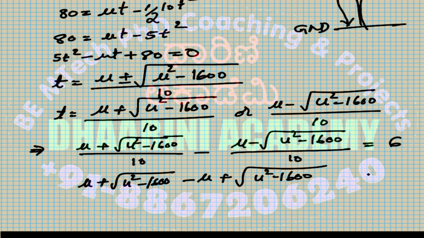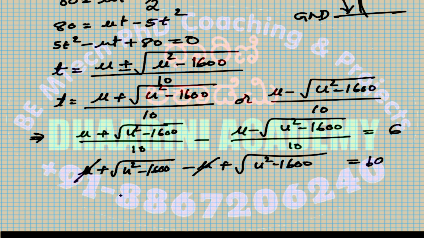The 10 can be taken to the other side. So u and minus u cancel. So 2 times root of u square minus 1600 is equal to 60. So 2 cancels, this becomes 30.